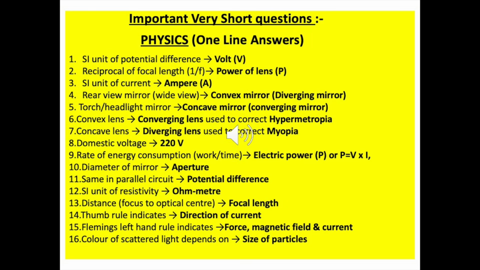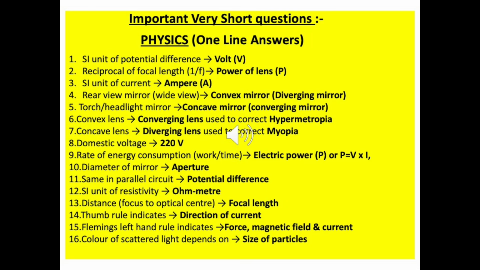Next point is about the diameter of a mirror. The diameter of a mirror is called aperture. The next point is about the potential difference in the parallel circuit. In the parallel circuit, the potential difference should always be the same.